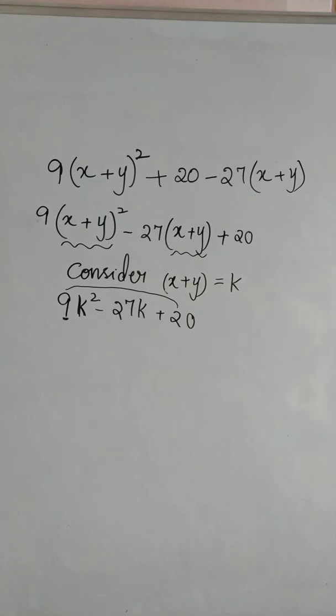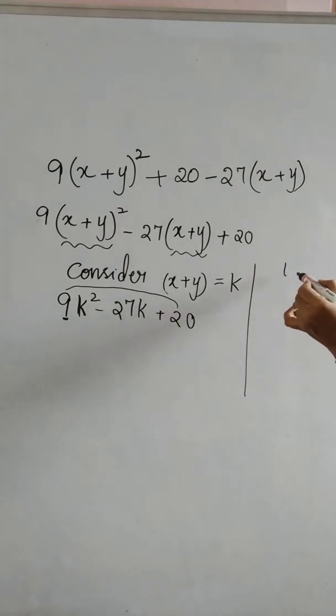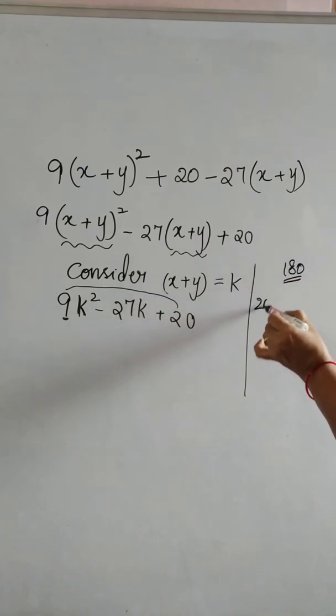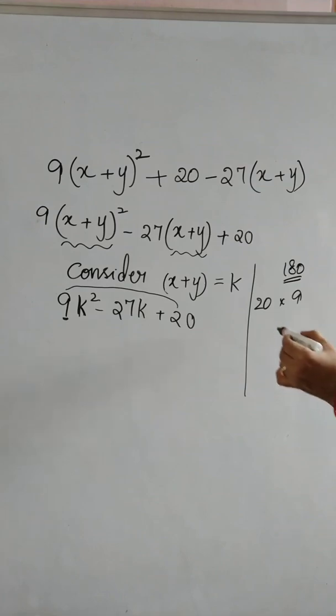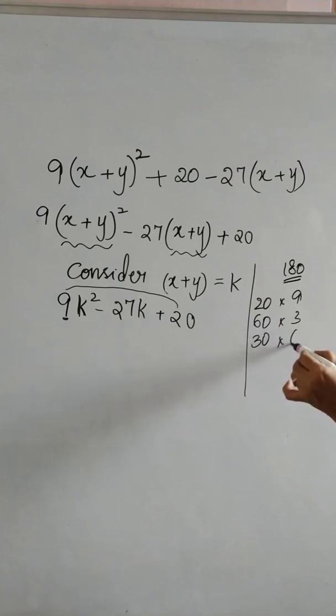So let us find the factors for 180. 20 into 9 is 180, and 60 into 3 is 180. 30 into 6 is also 180.